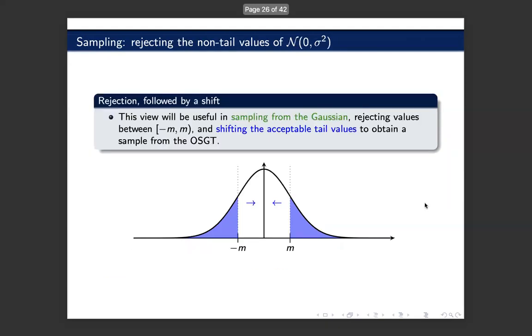So let me move on. This is also another good thing about it, because it's easy sampling. If you know how to sample from a Gaussian or a discrete Gaussian, you can just reject the values in the middle and take the values that are in the tail and then shift them to the center, and you have your OSGT. Sometimes, numerical instabilities in finite computers may give you some non-conventional distribution.